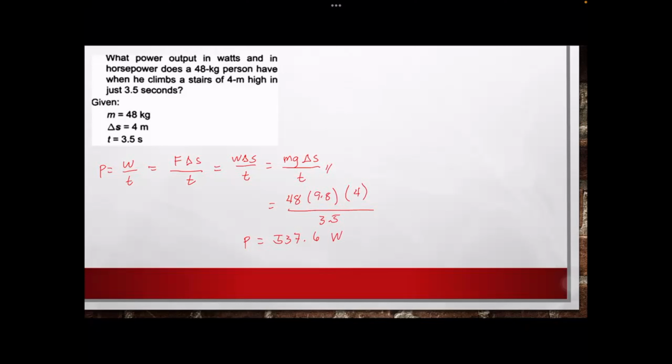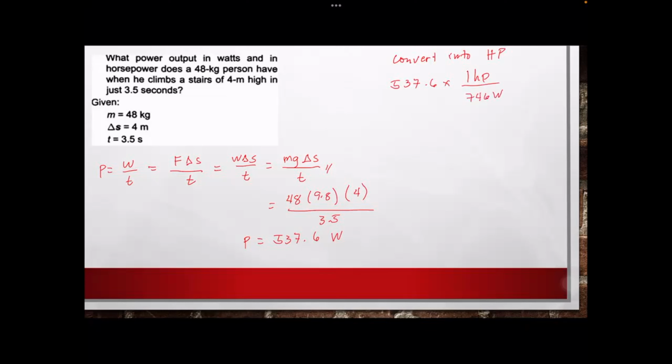So, we need to convert into HP. So 537.6, multiply natin yung 1 horsepower over 746 watt, since 1 HP is equivalent to 746 watt.